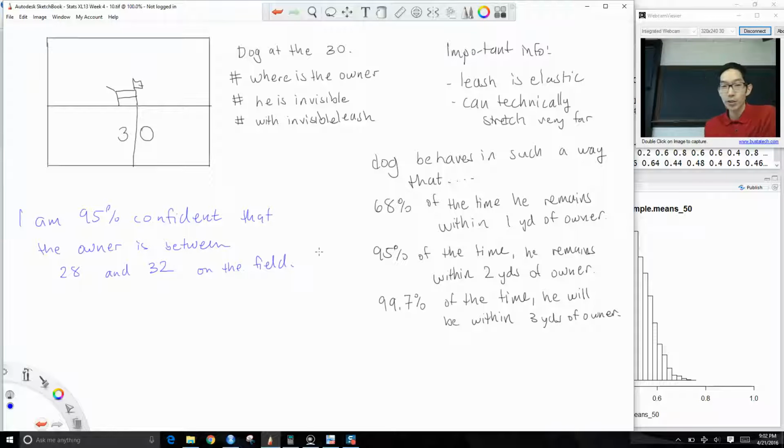Okay, could the owner be at 34? The owner could be at 34, right? But what would that mean? So the owner could be at 34, but that would mean that this picture was taken at one of those very rare occasions where the dog strayed very far away from the owner, contrary to his normal behavior, okay? So the answer would be yes, but we would be surprised.